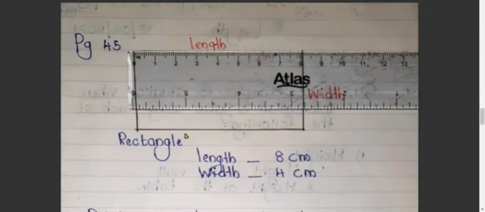Exactly 8 centimeters. Now children, the width, this side. When you measure, you have to turn the ruler the other way, then from here to here. I have already measured it and written width is 4 centimeters.